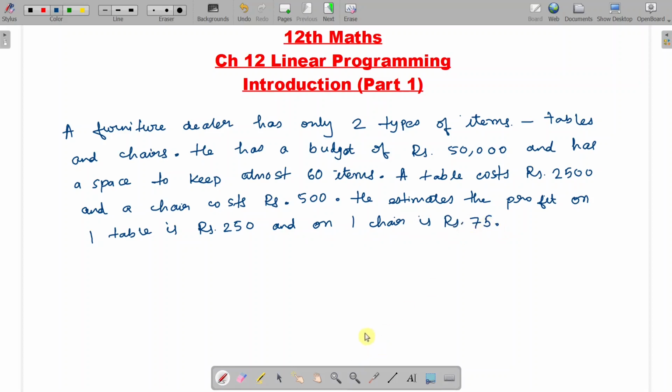so now he has to decide how many tables and chairs he has to buy with the available money, that is 50,000, to maximize the profit, assuming that he sells all the items that he buys.